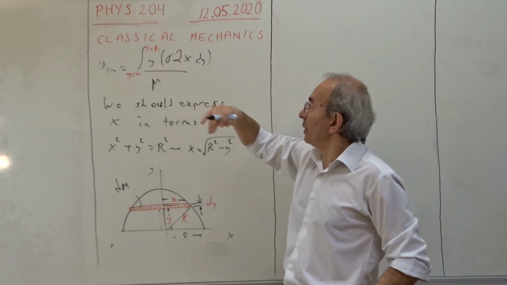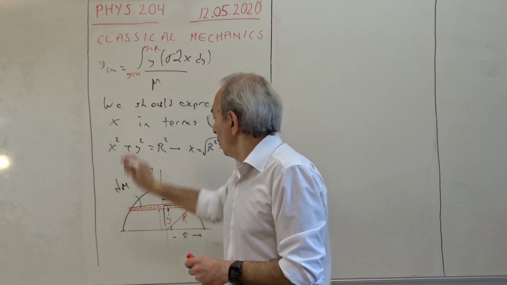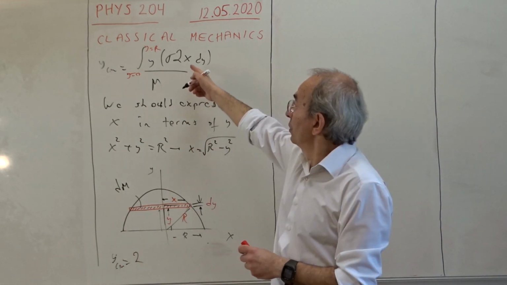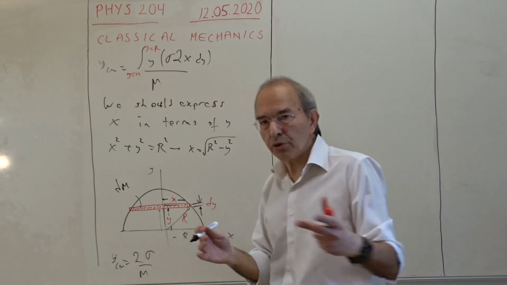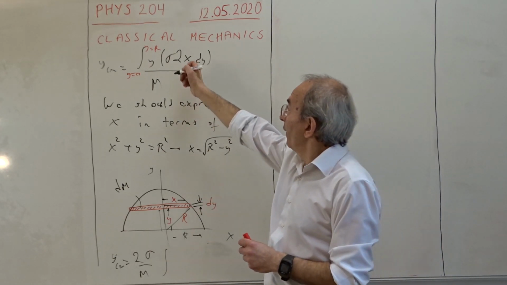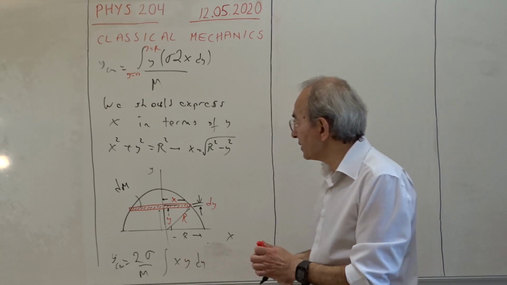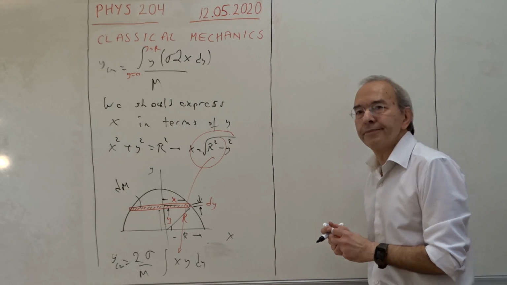Let's take 2 sigma over m outside, they are constants. So we have y center of mass. We take this 2 sigma over m outside because they are not variables. Inside the integration we only have x, y, dy. But x is now replaced by this thing.